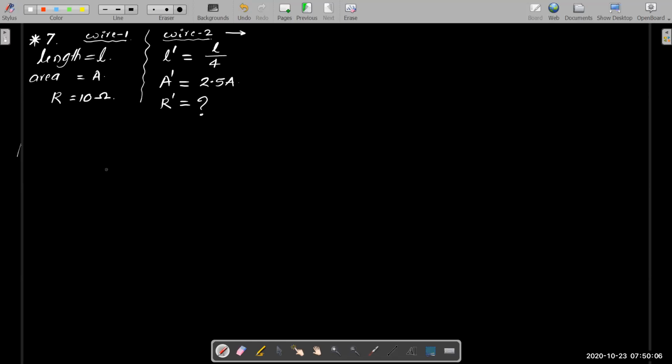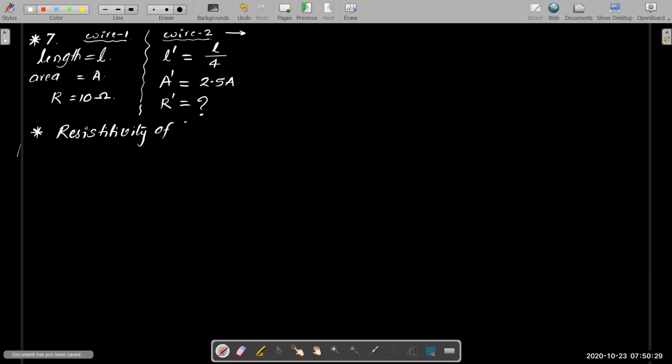Yes, dear students, as both wires are made of the same material, their rho, their resistivity, remains the same. Remember this point.